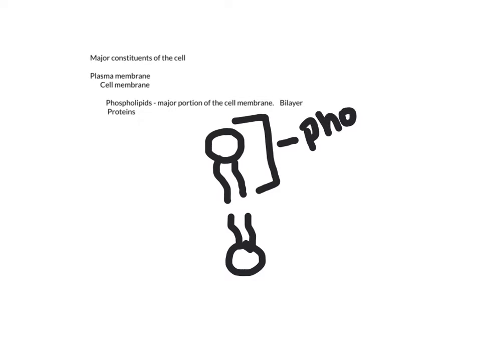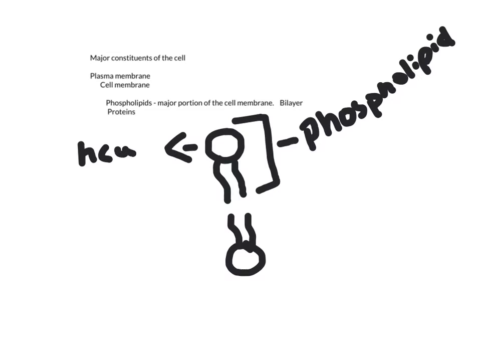So phospholipid. And in that phospholipid, we have the head, and this portion down here, which is the tail. Okay, and the same goes true for the one that is underneath it.